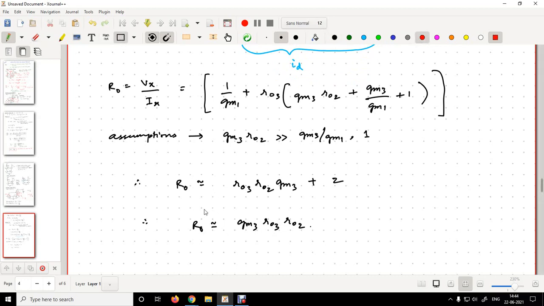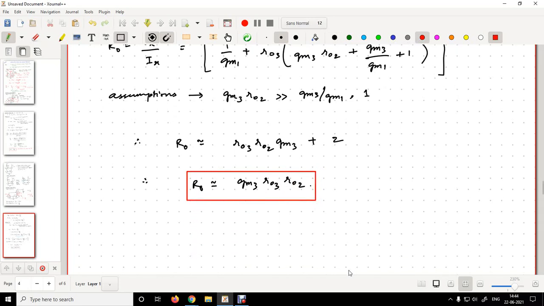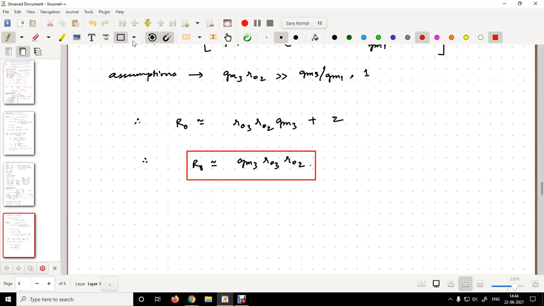This is the approximate value of R out, not the actual value. Here, this one is actually the intrinsic gain of Q3, right?